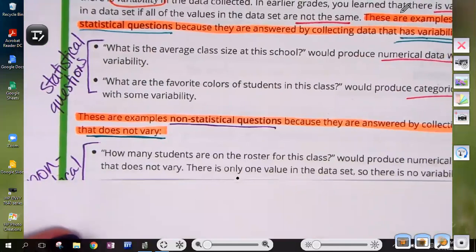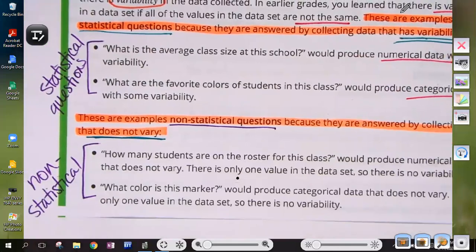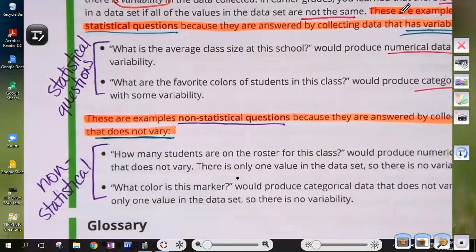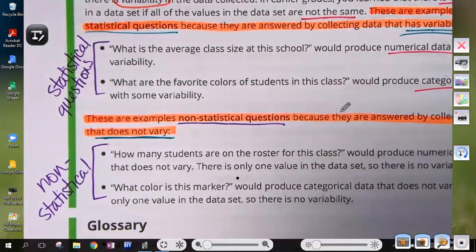There's only one correct answer. And what color is this marker? Yellow. There's no other answers to that. Okay. So that is lesson 1.